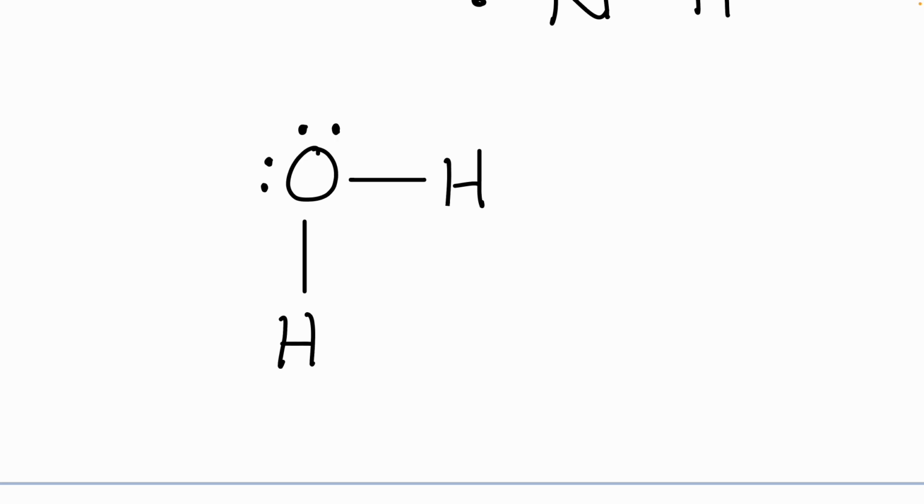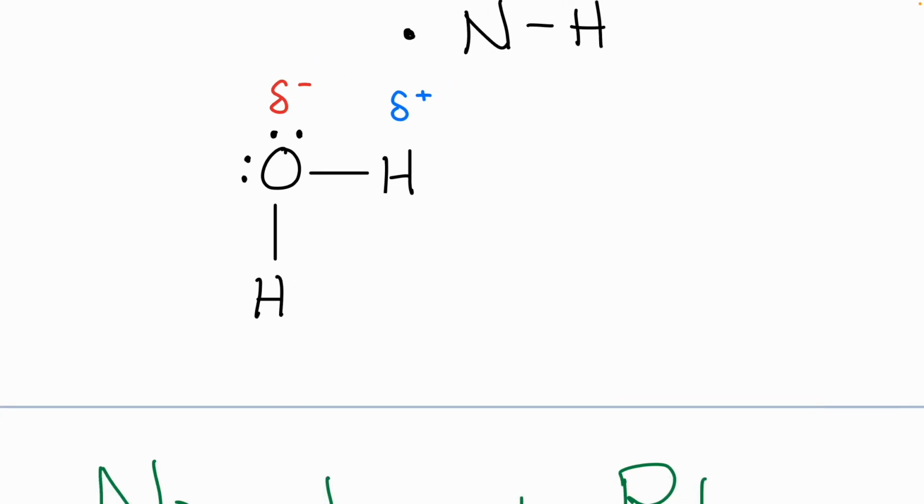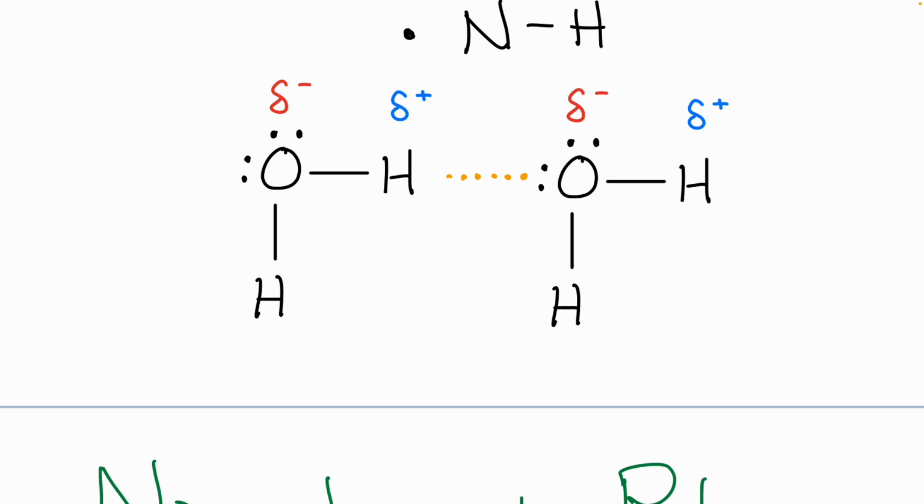On the oxygen, because that's the more electronegative element. And what about my partial positive charge? On those hydrogens. So then if I got two water molecules next to one another, I see that the partial negative end of one is able to form a nice interaction with the partial positive end of its neighbor.